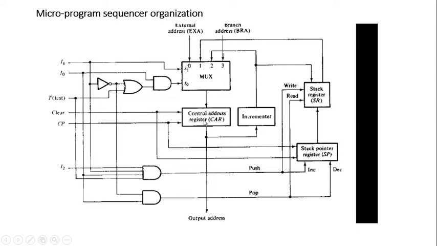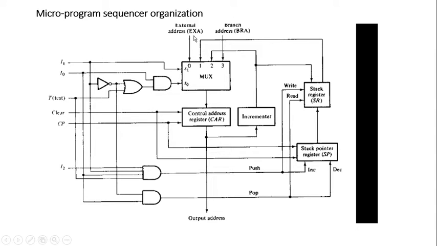The current value of the control address register is incremented by 1 and the address is placed back into the control address register. That means just a sequential execution of our microinstruction routine. So we just want to increment the current value of our control address register, which forms the next address of the microinstruction that is going to be executed next.